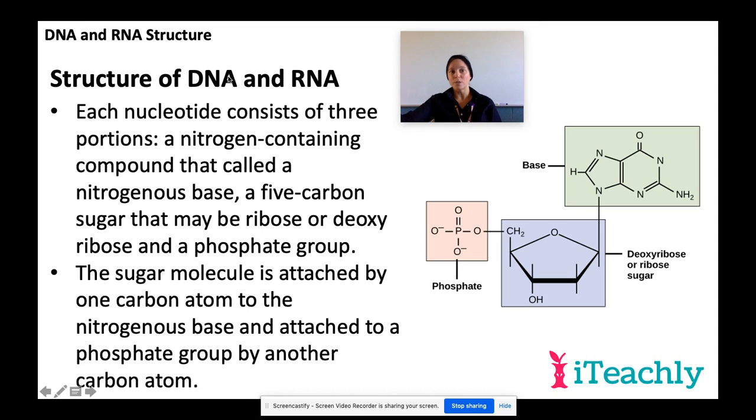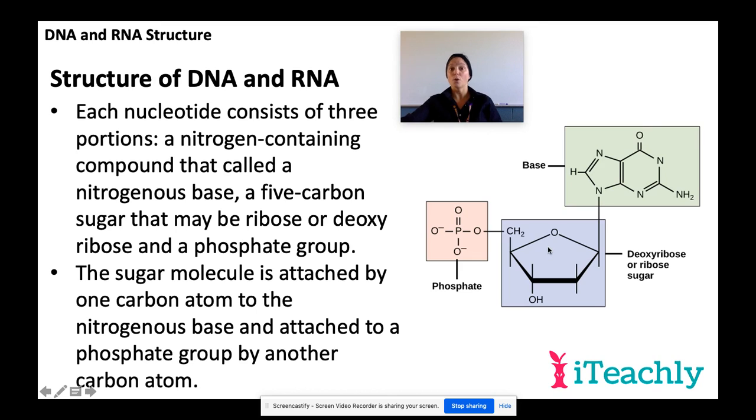Hear the word deoxyribose, deoxyribonucleic acid. So the name DNA comes from the sugar found in DNA, whereas RNA, or ribonucleic acid, has ribose as a sugar. Also note that the sugar has that -ose ending.